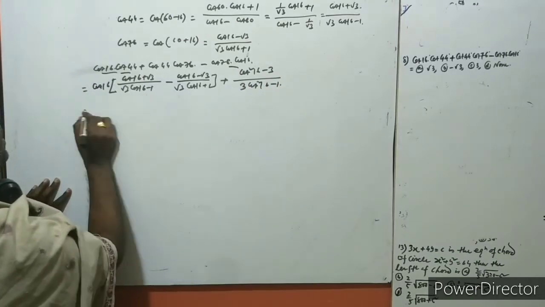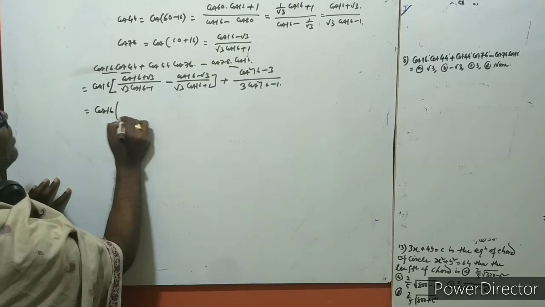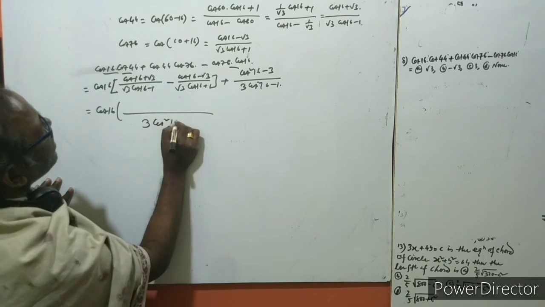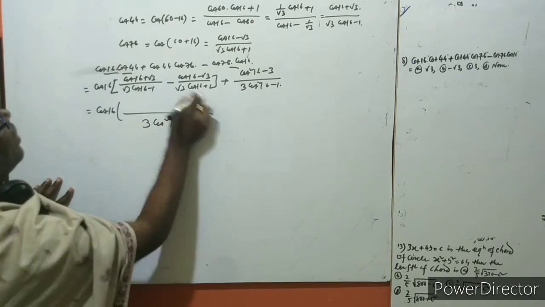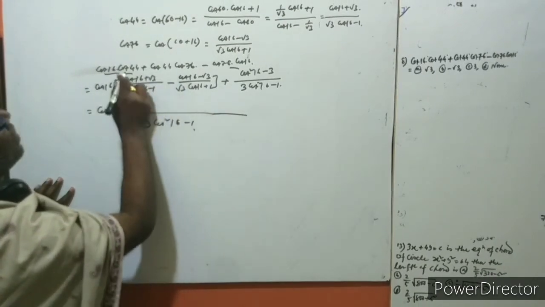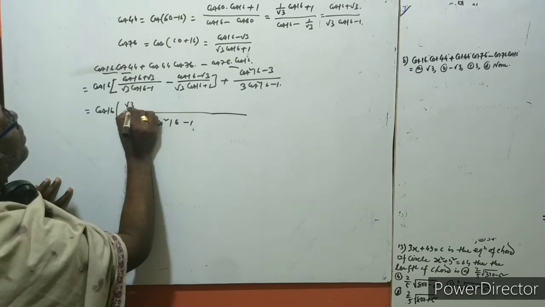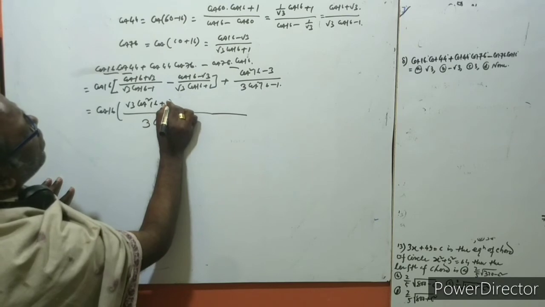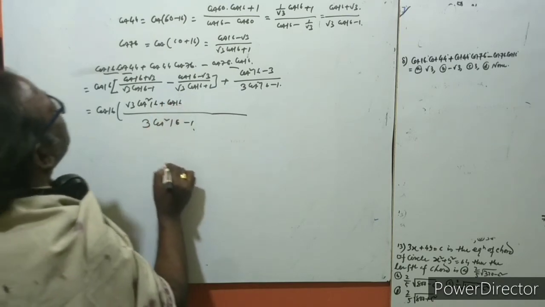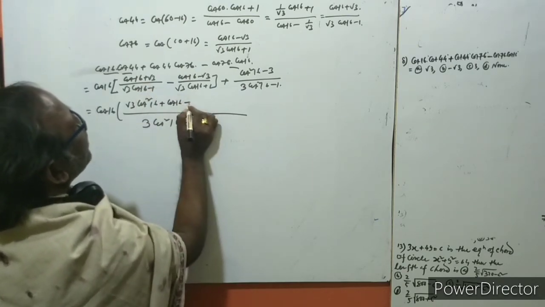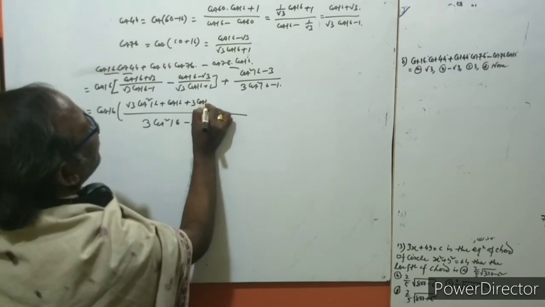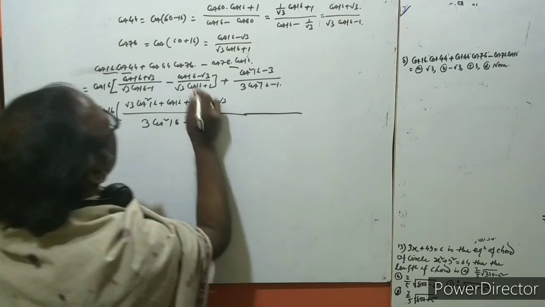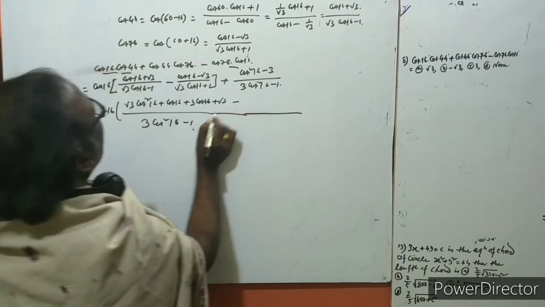Okay, and take an LCM of these two terms. So this is the product of this. We can write here 3 cot square 16 minus 1 and multiply both of them. So this is root 3 cot square 16, and this also cot 16. Again multiply by root 3, then you get 3 cot 16, and then again root 3 here. So again multiply on this part.